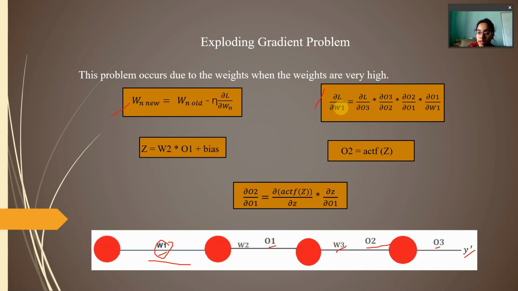Del L by del W1 will be del L by del O3, because the output O3 is affecting the loss function, multiplied by del O3 by del O2, because the output O3 is affected by O2, multiplied by del O2 by del O1, since O1 is affecting the output O2, multiplied by del O1 by del W1, since the output O1 is getting affected by the weight W1. So this is actually our chain rule of differentiation expression.